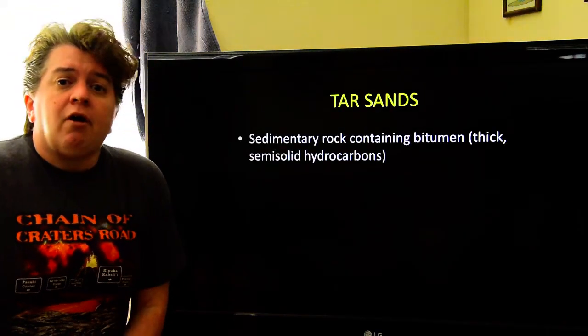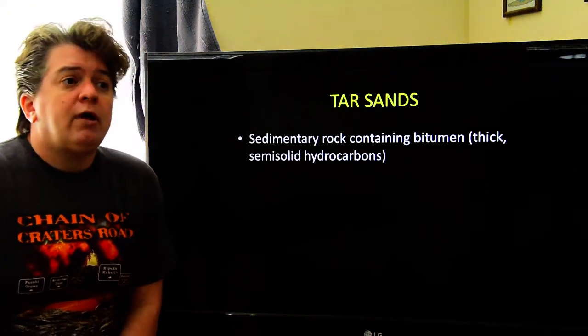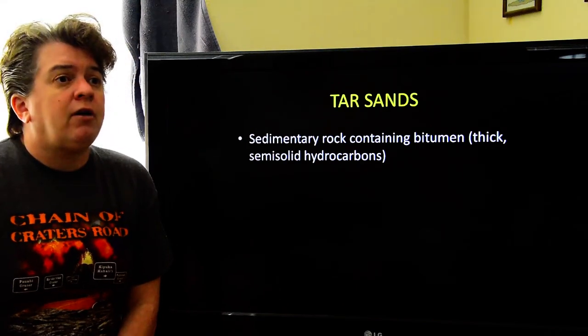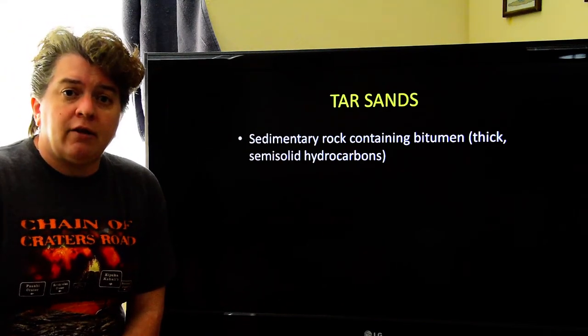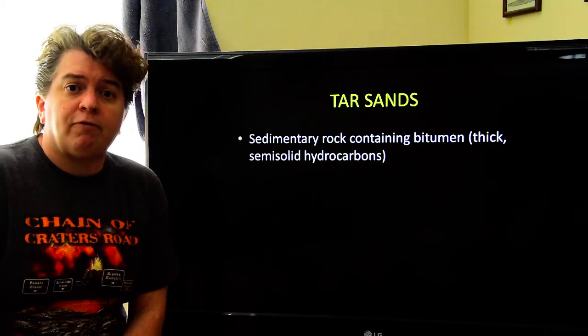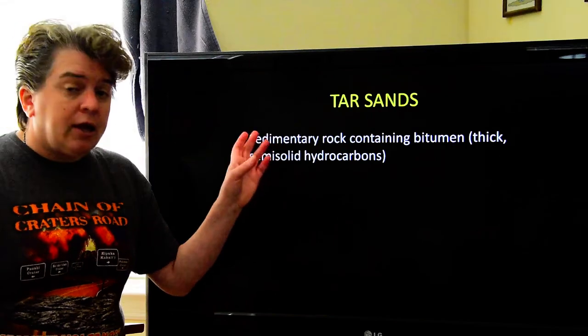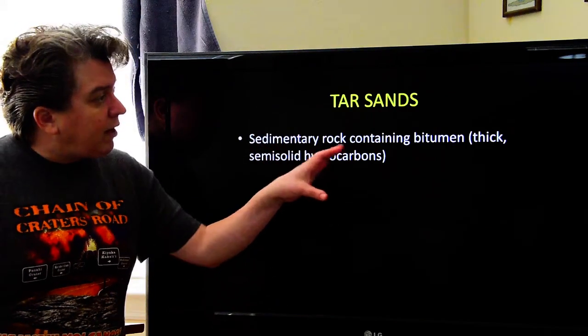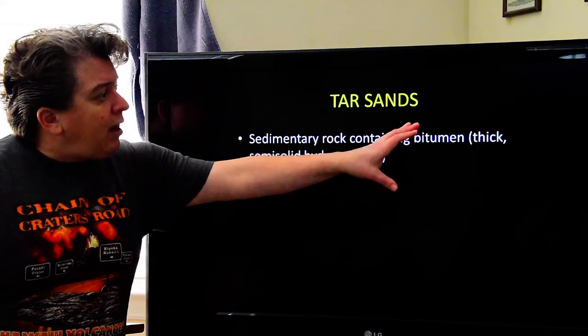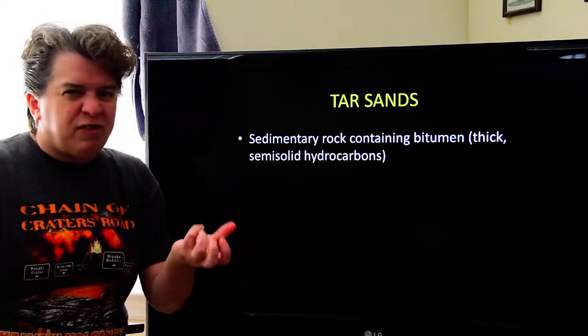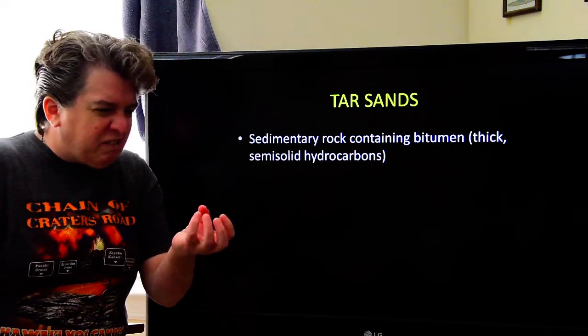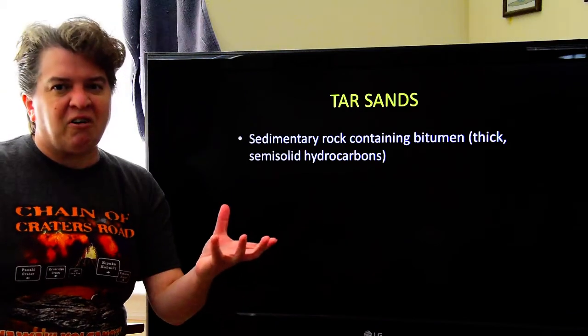Now, tar sands are another thing where we do get a lot of oil from, and in fact, a lot of the Canadian oil that gets shipped down here to some of the refineries comes from these tar sands. Tar sands are, again, a sedimentary rock that contains bitumen, which is this really thick, gooey, sort of solid hydrocarbon.